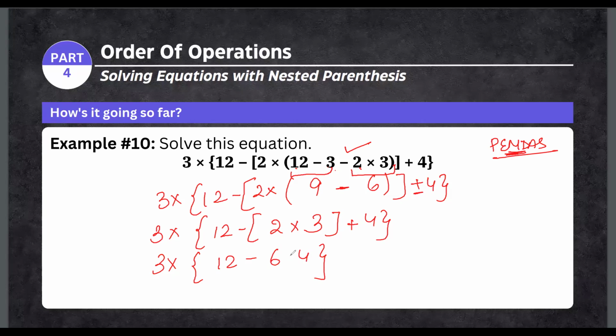Sorry for that. I have to do addition first. We can do it this way also because 4 is a positive number, 12 is a positive number. 12 plus 4 is 16 and 16 minus 6 is 10. And then we have 3 times 10 is 30. That's how you can do it. Or you can do 12 minus 6 is 6, 6 plus 4 is 10. Then also you will get the same number.